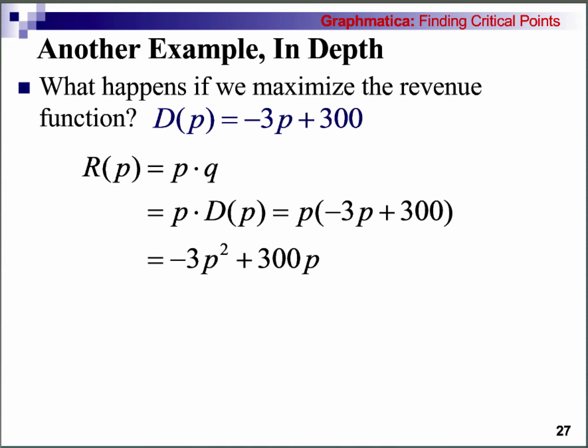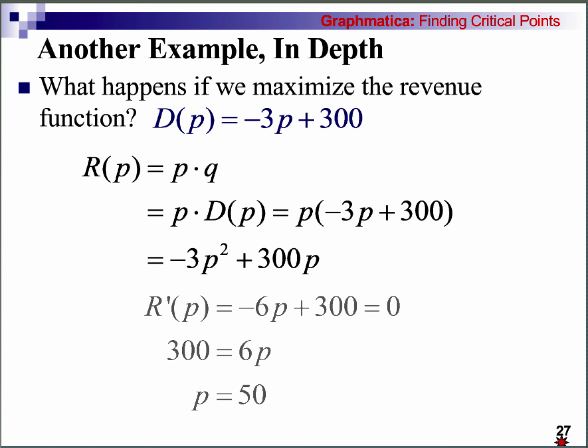And we're given the demand function here, and so our revenue function is p times the quantity negative 3p plus 300. And then when we distribute the p on the outside, our revenue function becomes negative 3p squared plus 300p. So this is the revenue function that depends on the price p, not the quantity q.